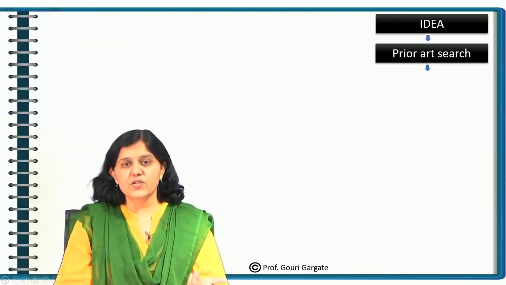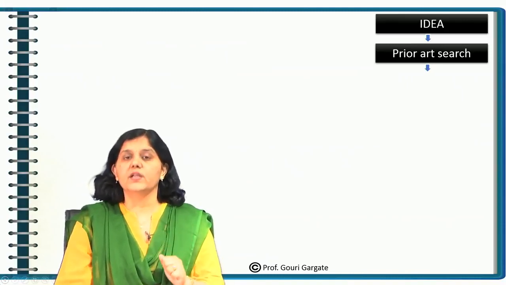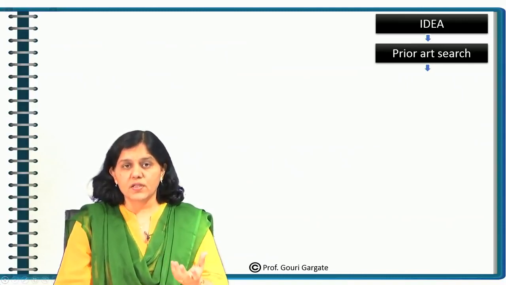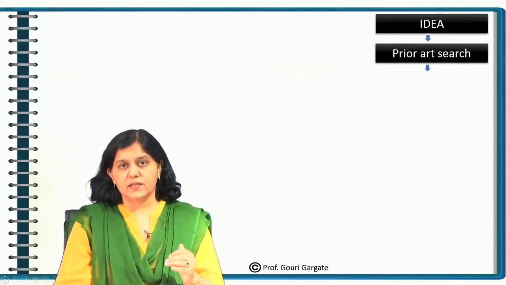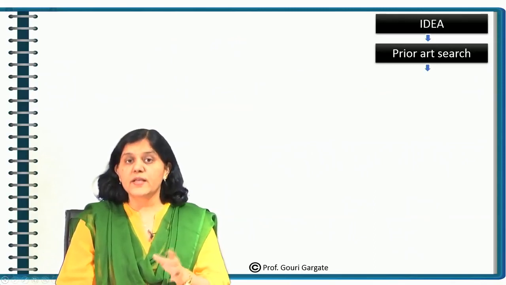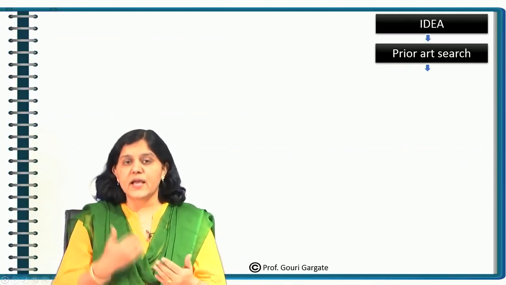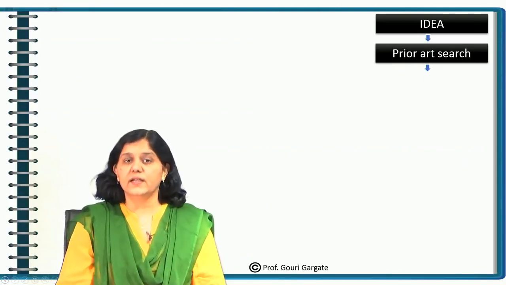Now, what is the advantage, or what will be the benefit of this activity? You will get an idea about what is currently going on in your technology domain. Once you know that state of the art, you can plan your research activity. Many times you will experience that whatever you are thinking of exploring, through the patent search you realize that this work is already done.